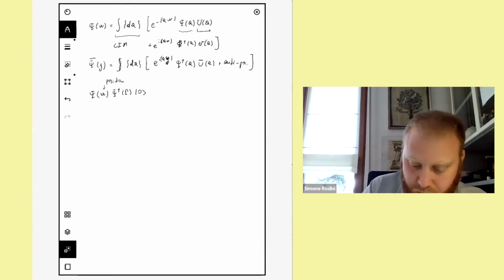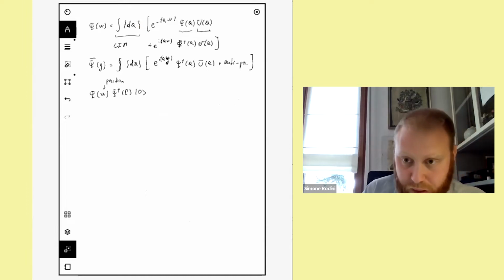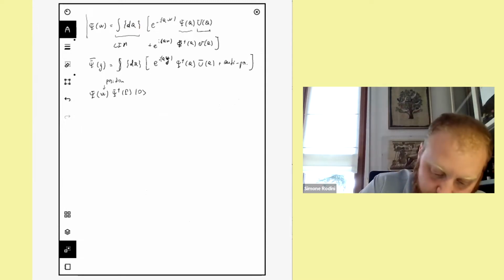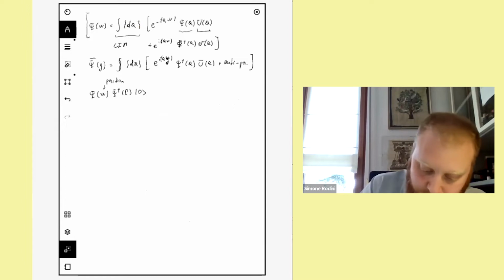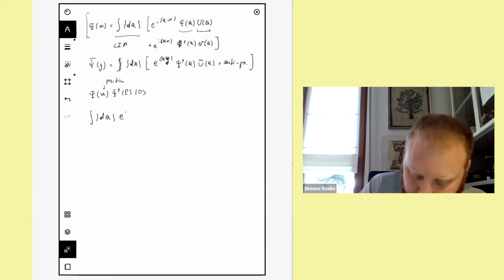We replace it with the momentum representation of C of W. So we end up with the integral over Q, e to the minus i Q W, and then the anti-commutator between C of Q and C dagger of P, u of Q, acting on the vacuum.